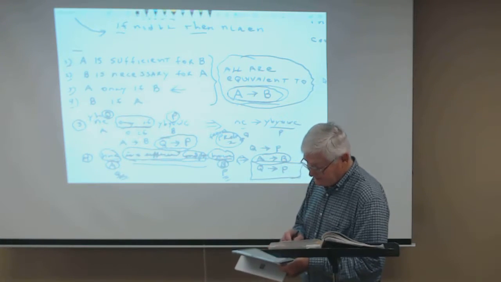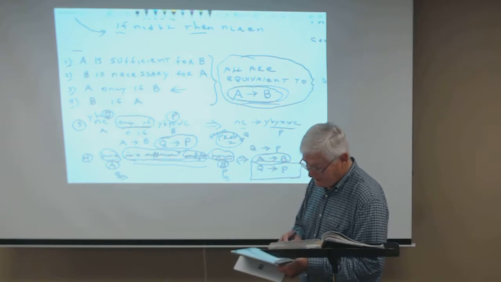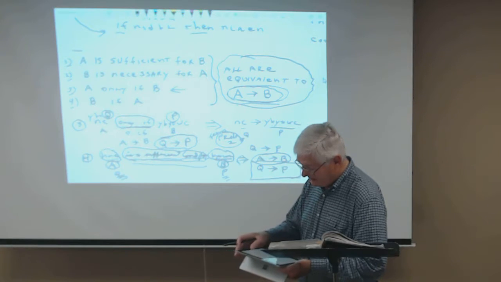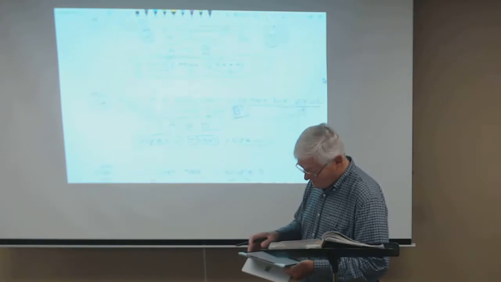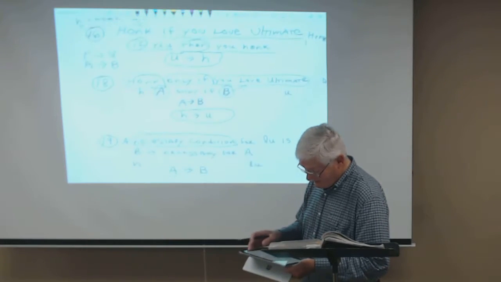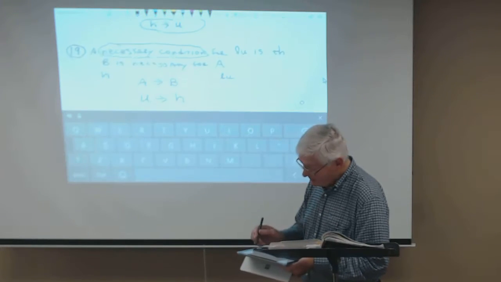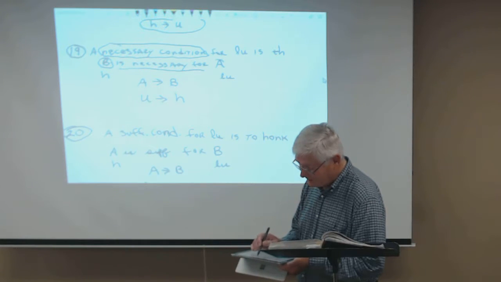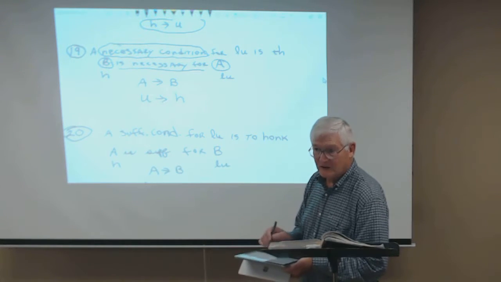So I go back up here to my chart. And which sentence is necessary? The second one. And what's it say? B is necessary for A. So I come down here to number 19, and I go, B is necessary for A. See how I'm just using my chart to write the stuff down and circle it?